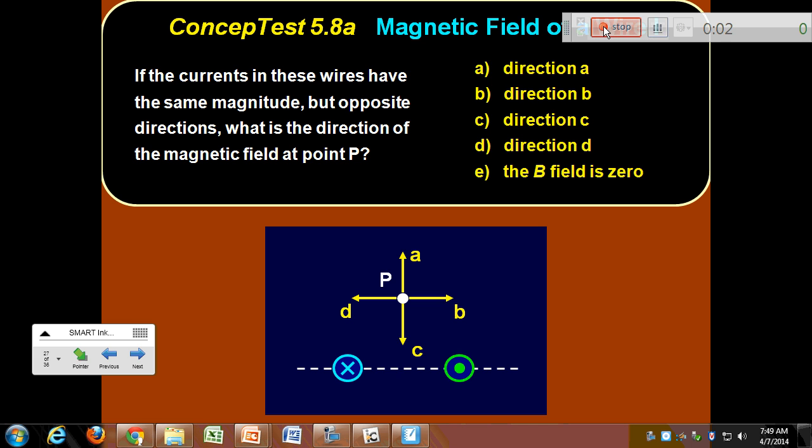What's the direction of the magnetic field at point P? These are two wires, one on the left going into the page, one on the right coming out.